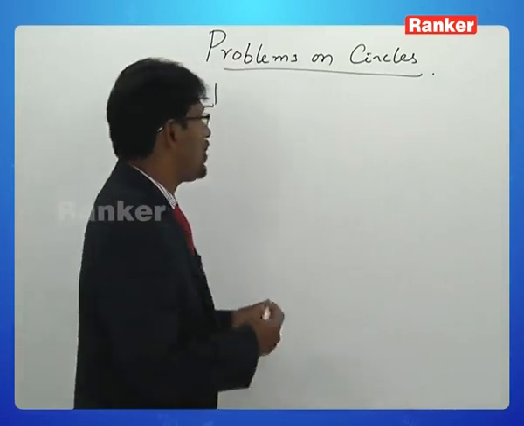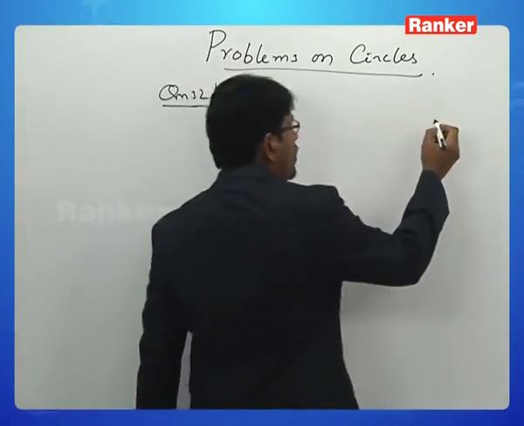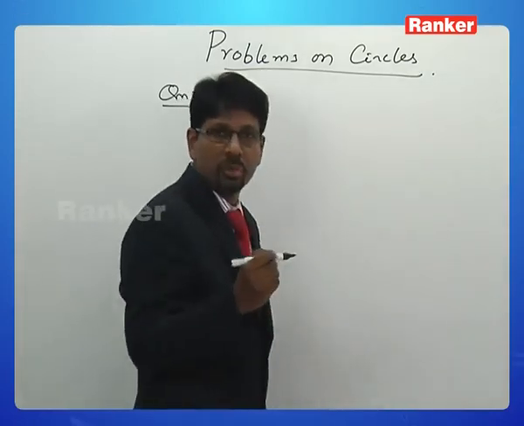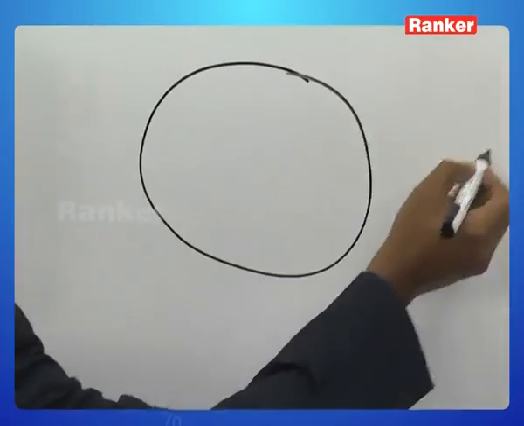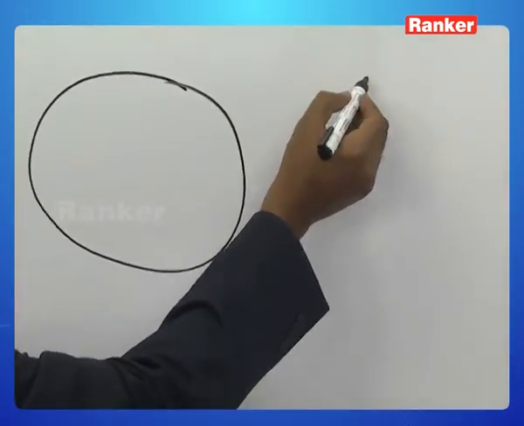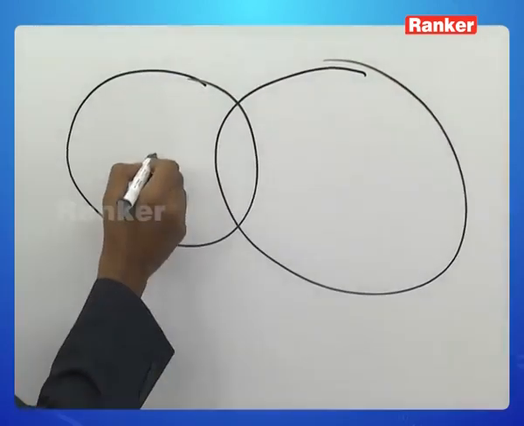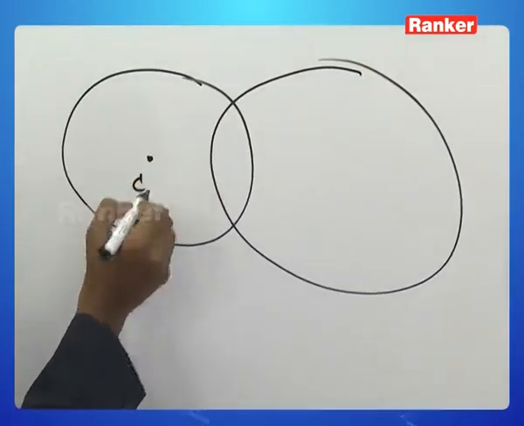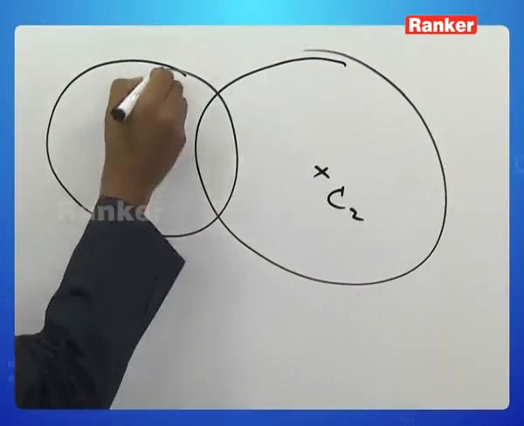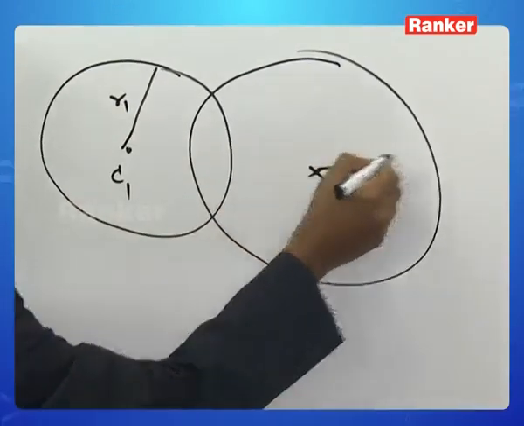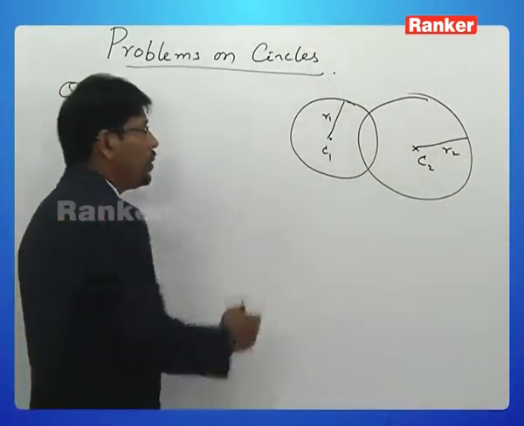Now let's first understand one thing here. When are two circles intersecting in two distinct points? For the two circles to be intersecting in two distinct points, what is the necessary and sufficient condition? Let us say the center of this circle is C1 and C2 here. The radius of this circle is R1 and the radius of this circle is R2. What should happen?